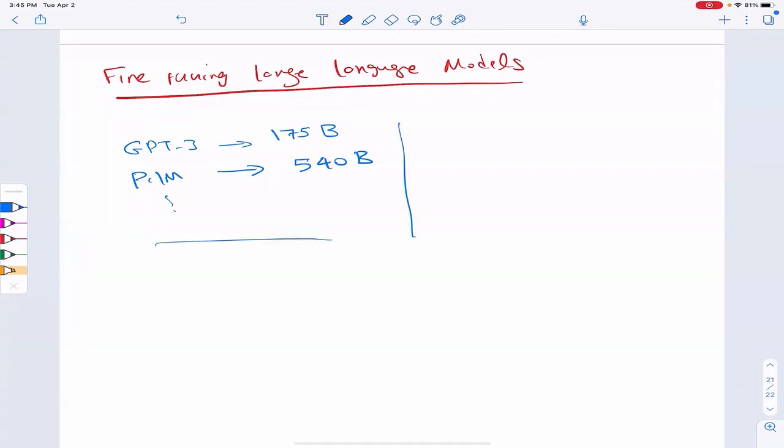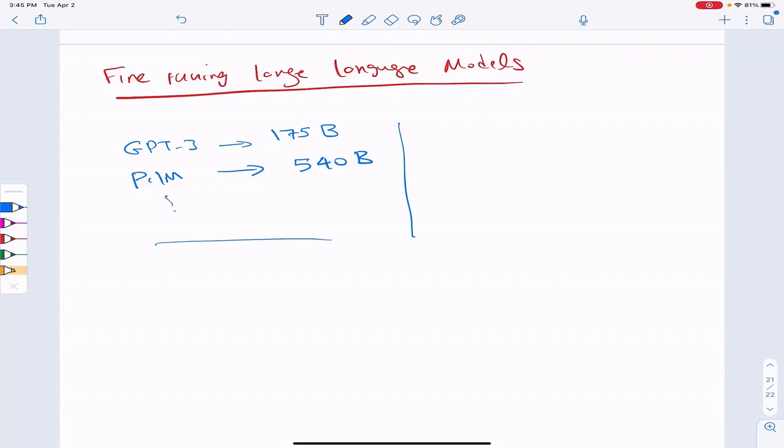That means even storing the weights of your model is quite challenging on, let's say, one single GPU, because you're storing hundreds of billions of numbers.